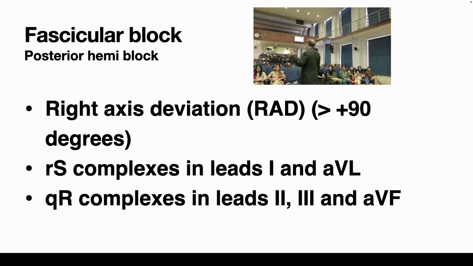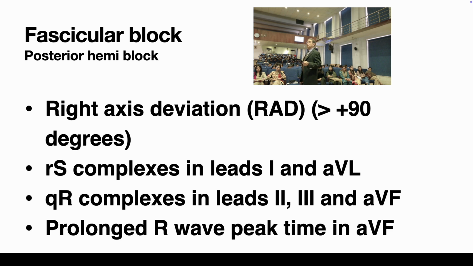The lateral leads show upward complexes and the inferior leads show downward complexes. While in posterior hemiblock, there is right axis deviation. The lateral leads show downward complexes and inferior leads show upward complexes.